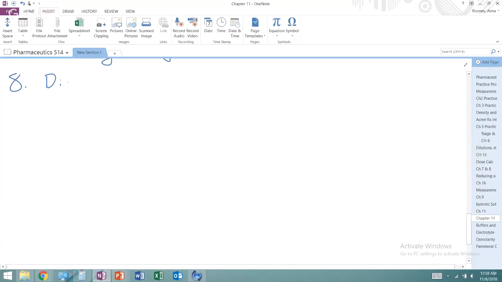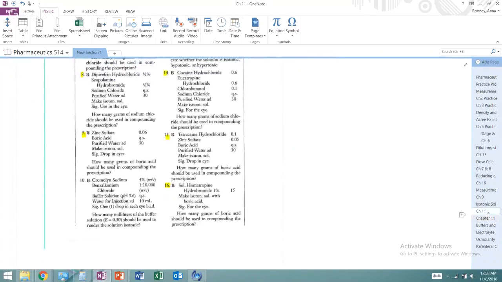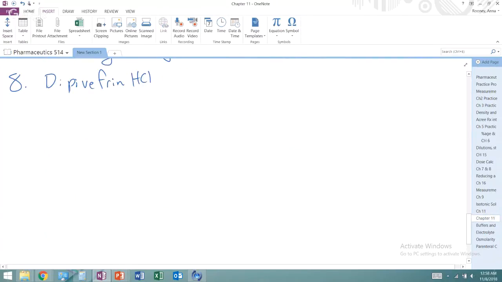So diperphen hydrochloride, they have 0.5%. So we're gonna make 30 mLs. So 30 ml times 0.5%.